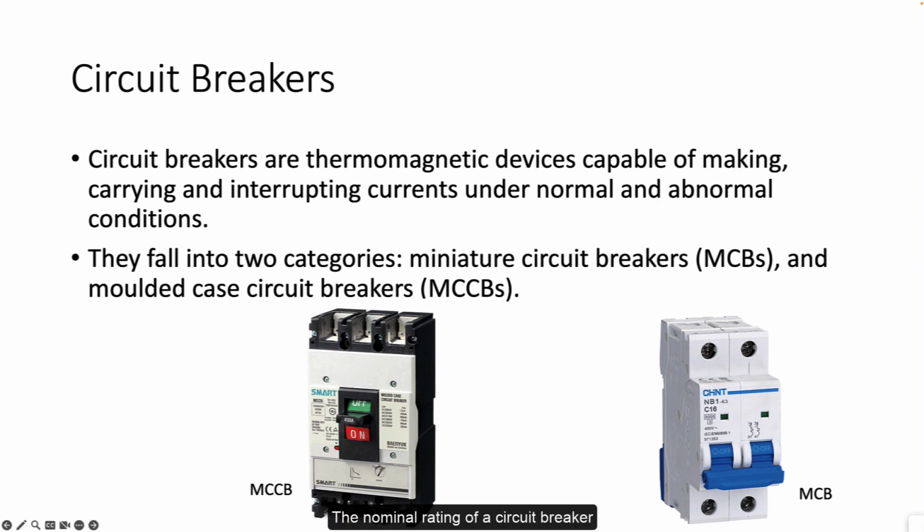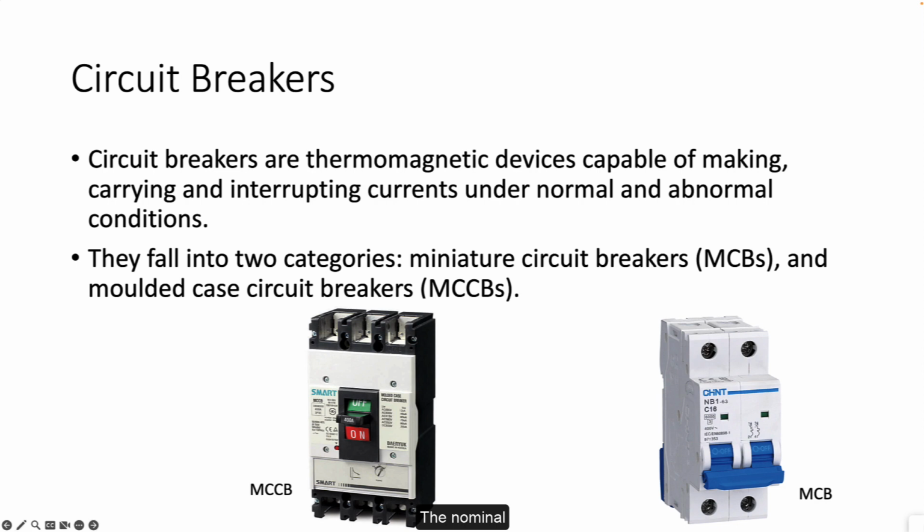The nominal rating of a circuit breaker is the maximum current that it can carry continuously under specified conditions. This is an important parameter in ensuring the proper and safe functioning of the electrical system.